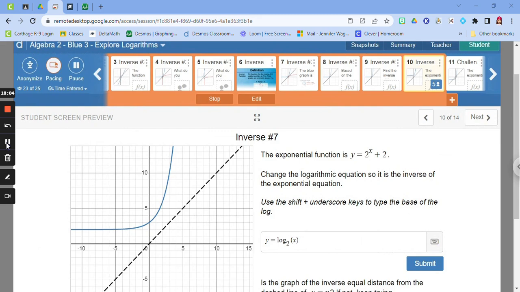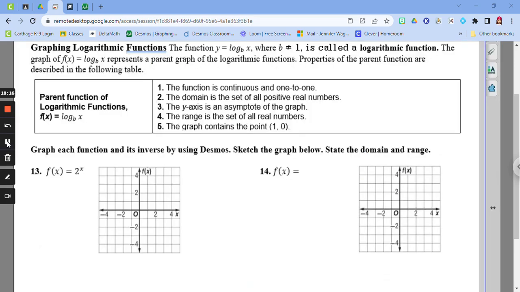You should already have the parent function. We need to make the adjustments. I'm telling you to use Desmos. Don't try to graph these on your own. So if you haven't, make sure you have the Desmos graphing calculator up on your Chromebook.